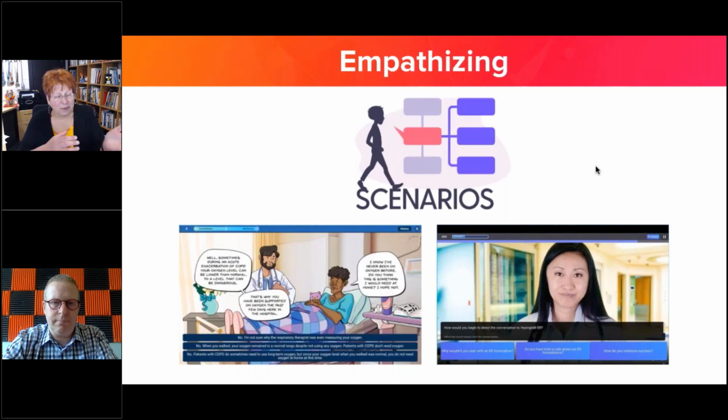But to your point, it really matters that it be, back full circle to the beginning, realistic. The tone of voice has to be appropriate. The use of the characters and the situations and the settings have to be realistic. People need to be able to see themselves in them. And that means all different kinds of diversity of people need to be able to see themselves, and they have to be appropriate to the culture of the organization.